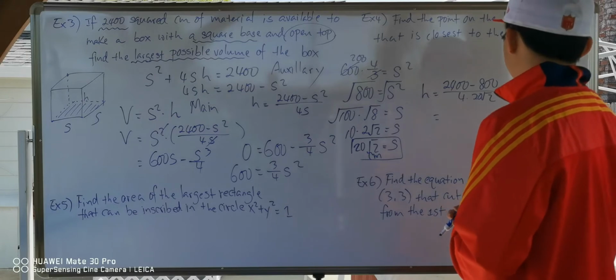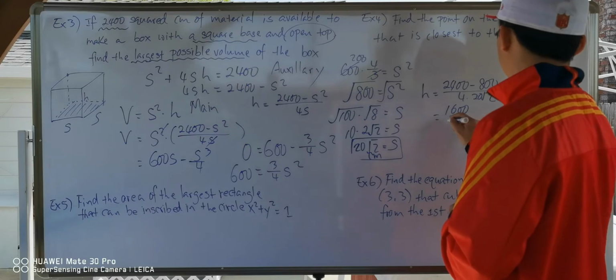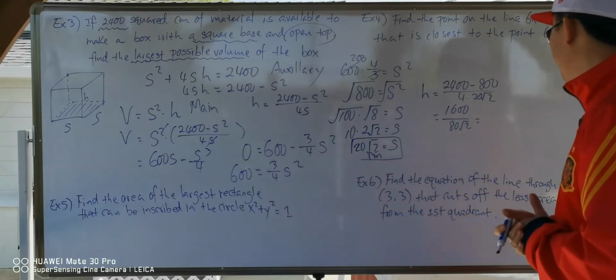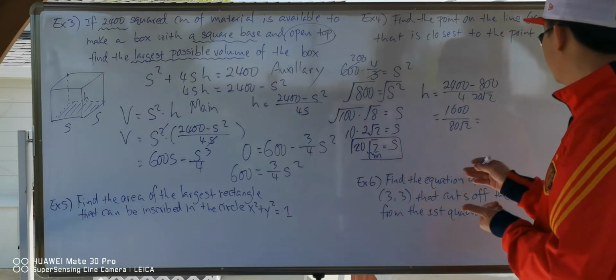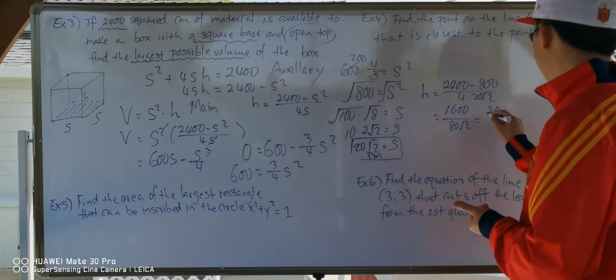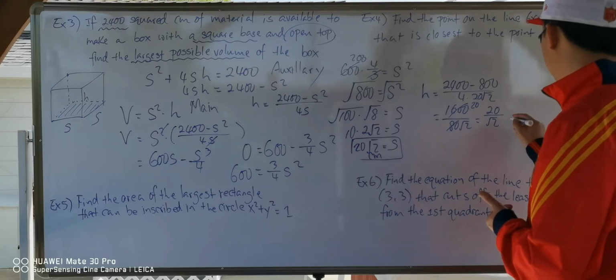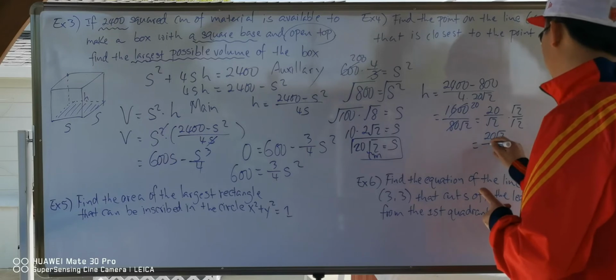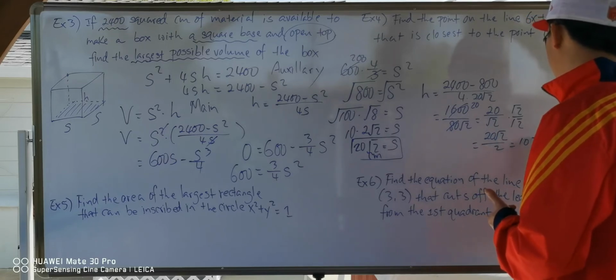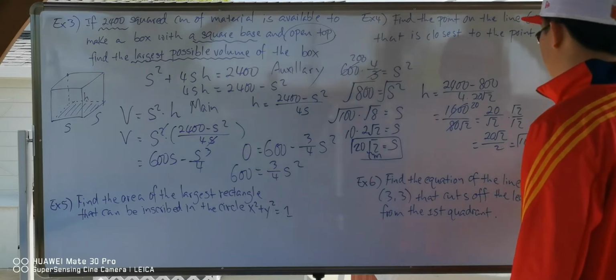So 2400 minus 800 is 1600, divided by 80 root 2. 1600 divided by 80 is 20 over root 2. You can reduce it first. 20 divided by root 2, multiply root 2 top and bottom, so 20 root 2 over 2. So we have 10 root 2, again centimeters.